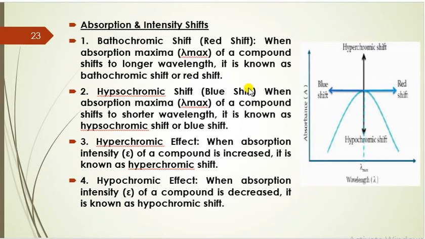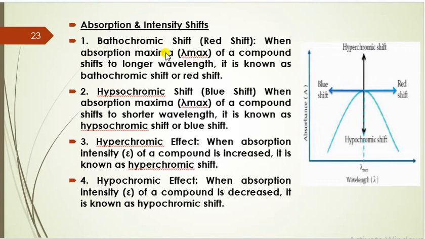This shift is because of the presence of an auxochrome, or it can also take place by a change in solvent. Such an absorption shift towards the longer wavelength is because of n to pi star transitions. So the n to pi star transition leads to the bathochromic shift.